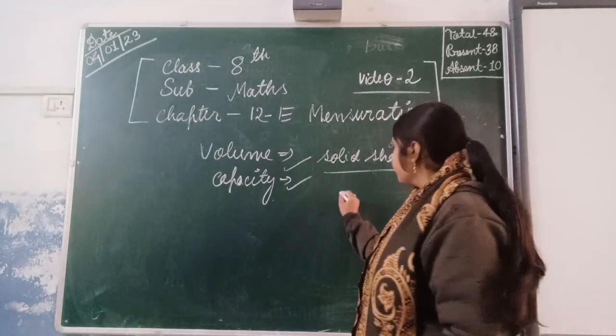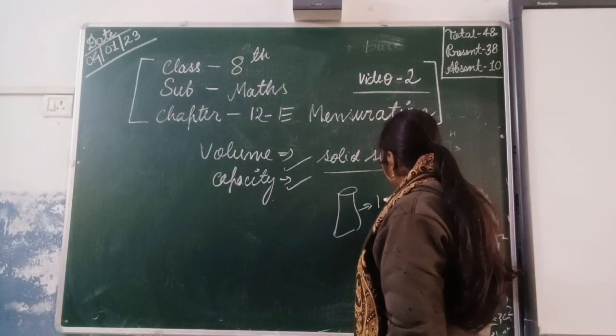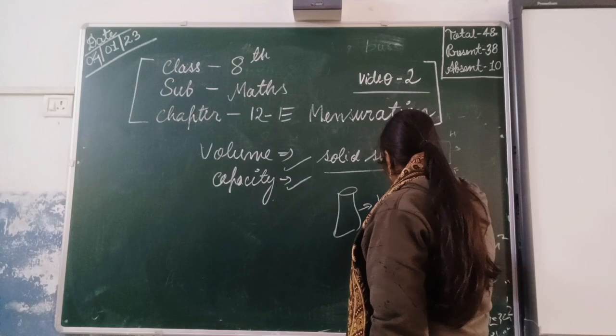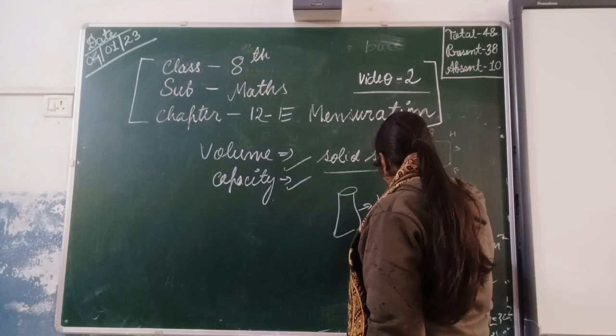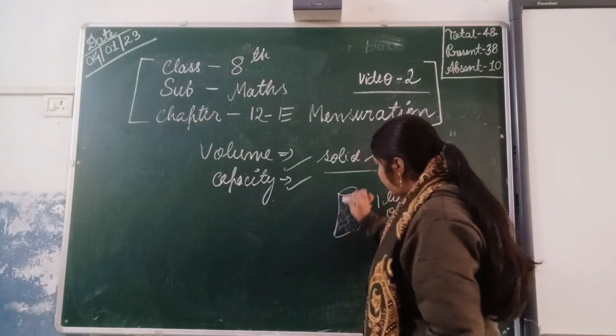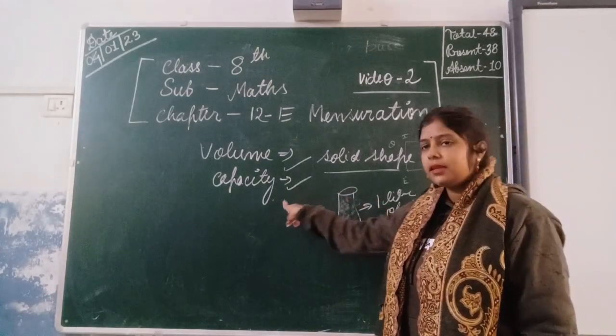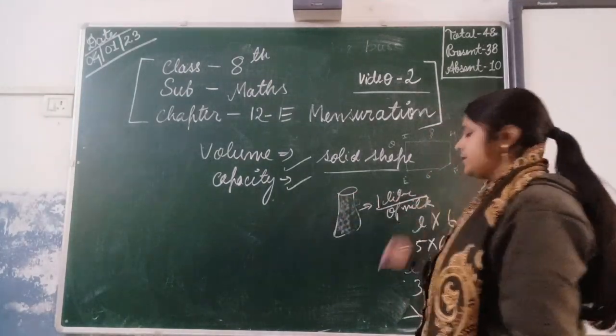For example, a milk bottle contains 1 liter of milk. So the volume is that milk occupying that space, and the capacity is 1 liter.